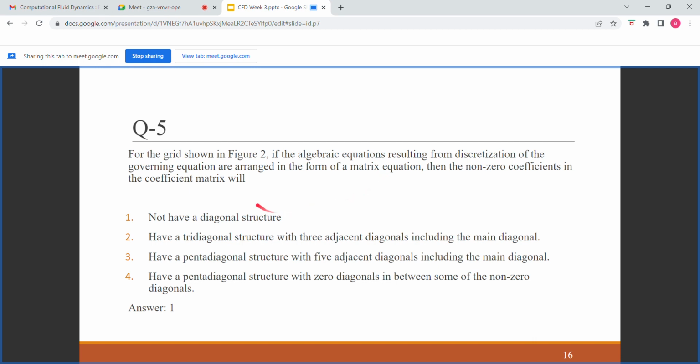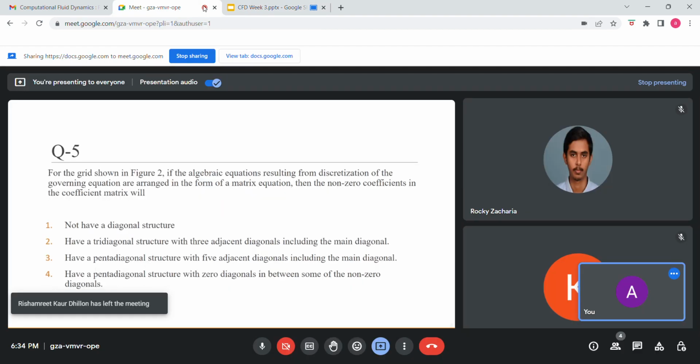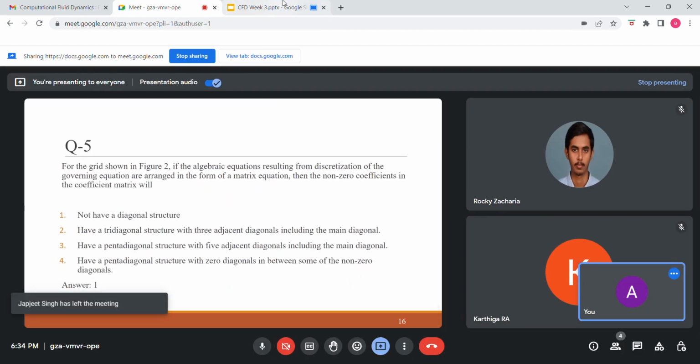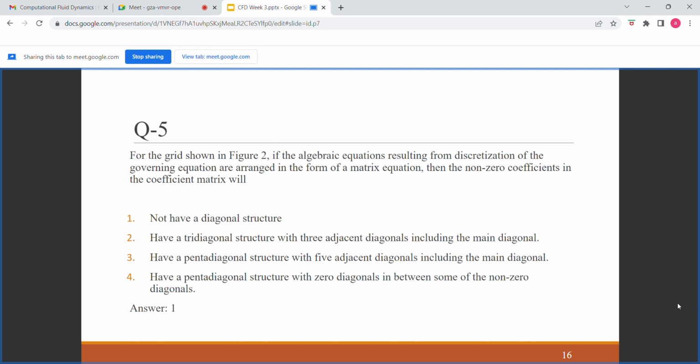Then the non-zero coefficients in the coefficient matrix will not have a diagonal structure, will have a tridiagonal structure with three adjacent diagonals including the main diagonal, will have a pentadiagonal structure with five adjacent diagonals including the main diagonal, or will have a pentadiagonal structure with zero diagonals in between some of the non-zero diagonals. We have got 10 different equations, right?